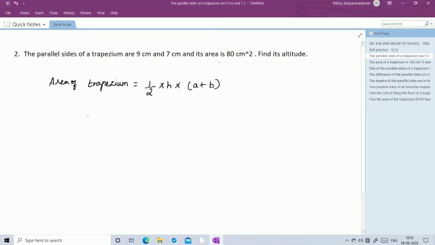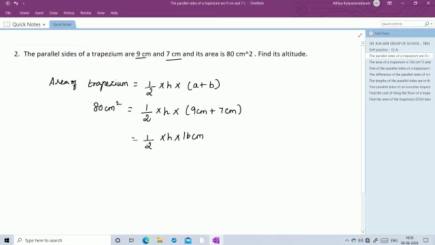So area of trapezium is given, that is 80 centimeter square. It is equal to half into height, which you want to find out. So keep it as it is, h. Then the parallel sides of trapezium are 9 centimeter and 7 centimeter. So half into h into 9 plus 7, 16 centimeter.